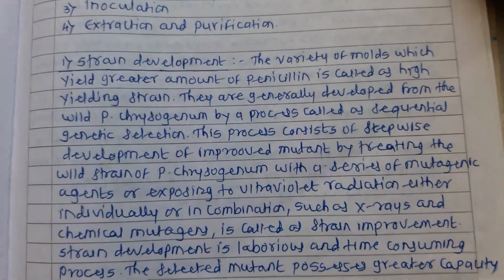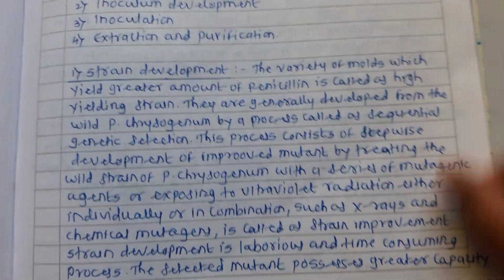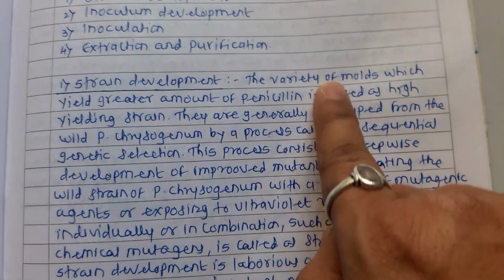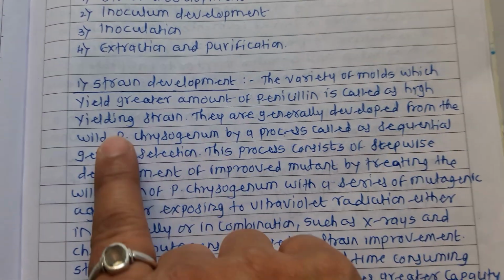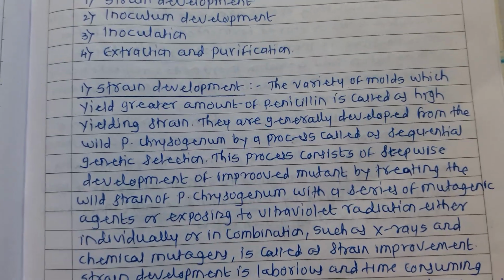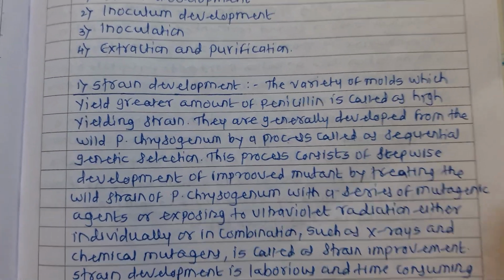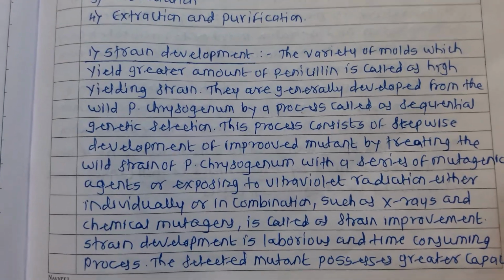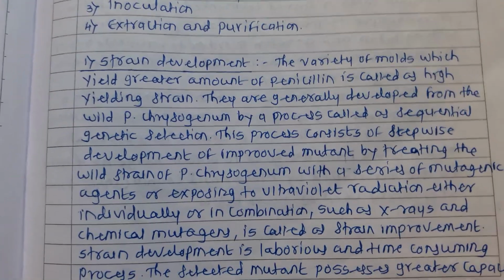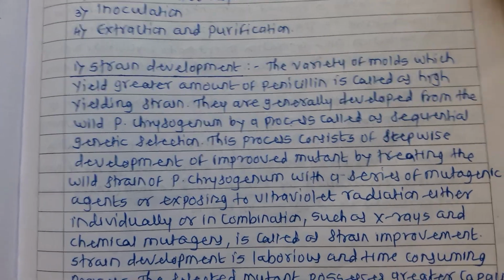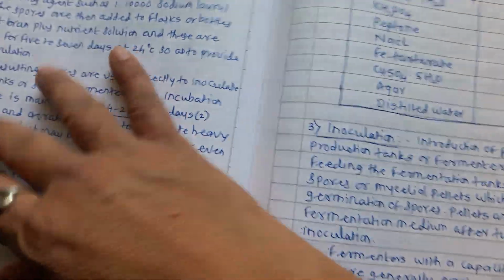The strain which is developed and used for the production of penicillin is called the high yielding strain. The penicillin yield is improved, that is, more of the antibiotic penicillin is produced because of that improved strain.